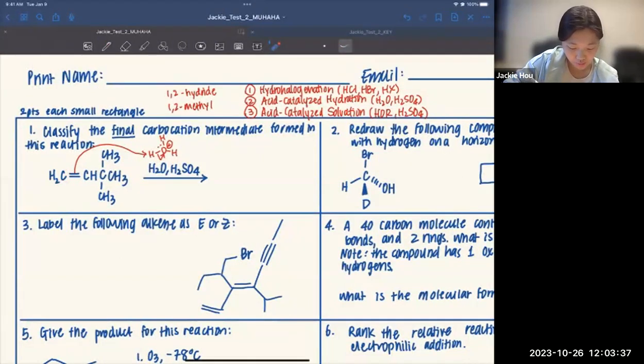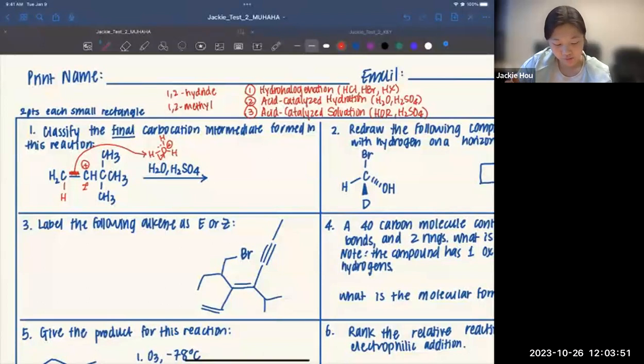When I redraw this, I'm going to have a hydrogen on this side. This pi bond is going to go away, and then we're going to have a positive charge on our secondary carbon.